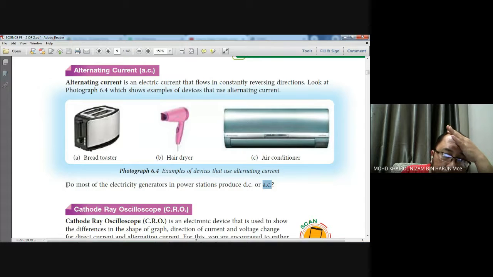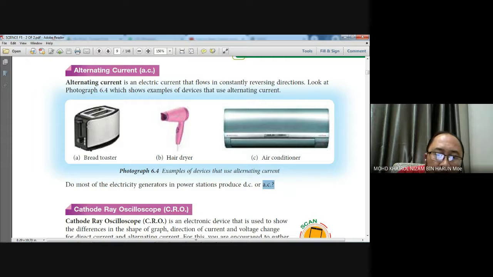So to answer this question, do most of the electricity generators in power station produce DC or AC? Most of the generators in power station produce alternating current.